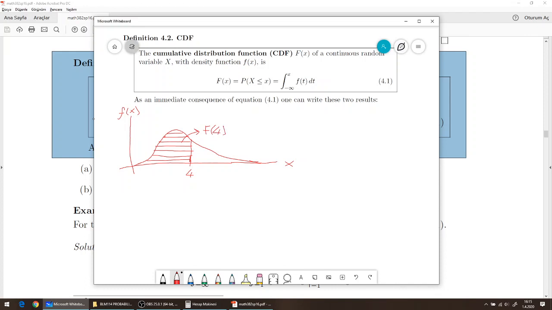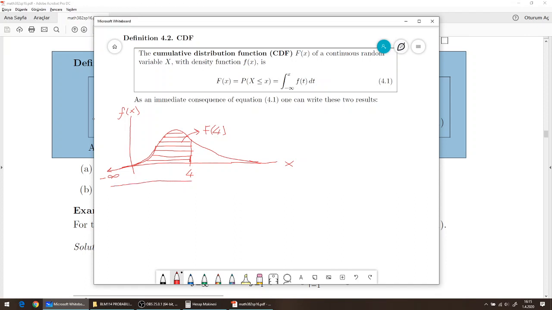All the cumulative probability values up to 4. From what? Not from 0. For example, minus 1, minus 2, we don't know. In fact, we start from minus infinity, from minus infinity up to 4.